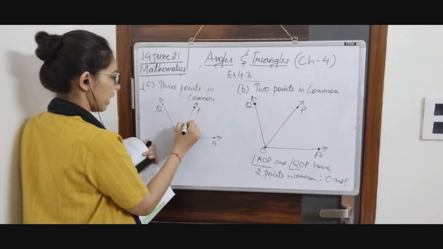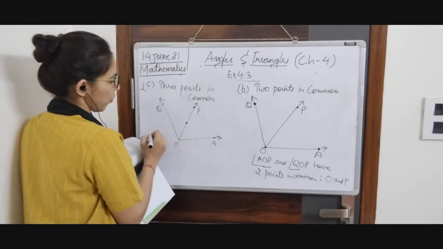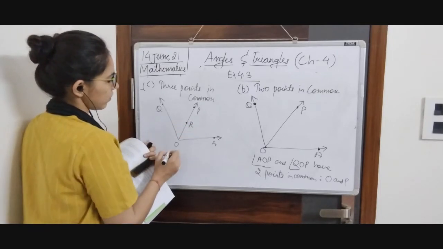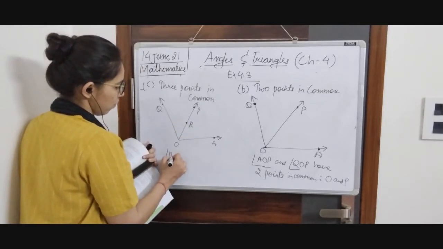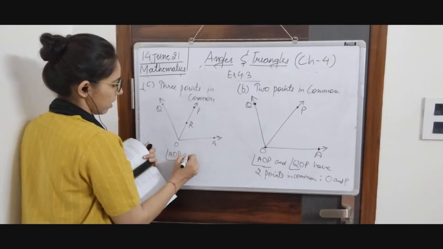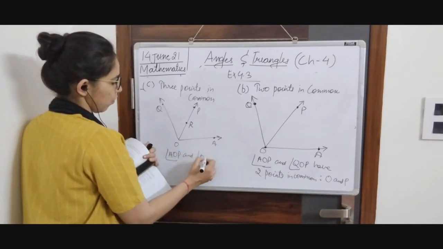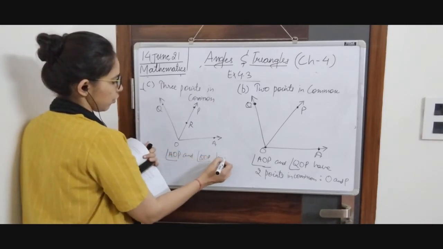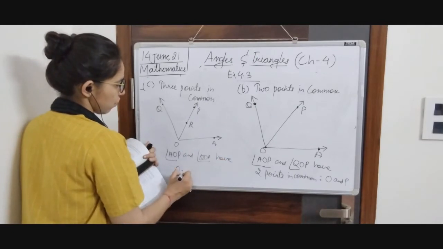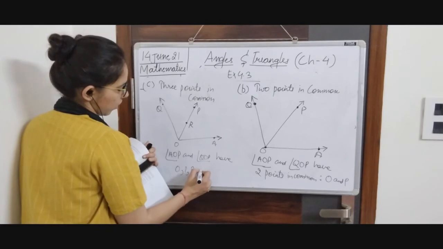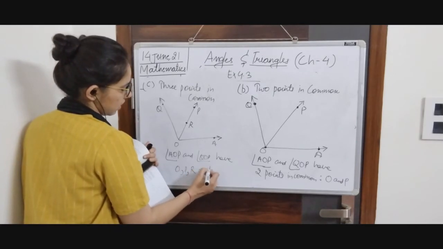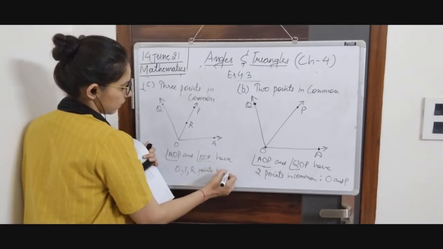Two we already have. We will draw one more point, and suppose this point is R. So now angle AOP and angle QOP have 3 points in common: O, P and R. Okay.